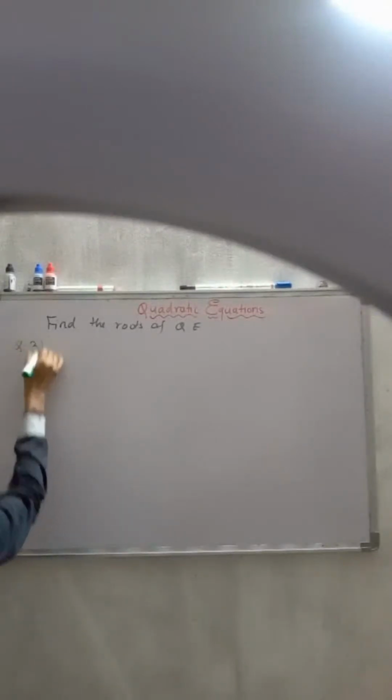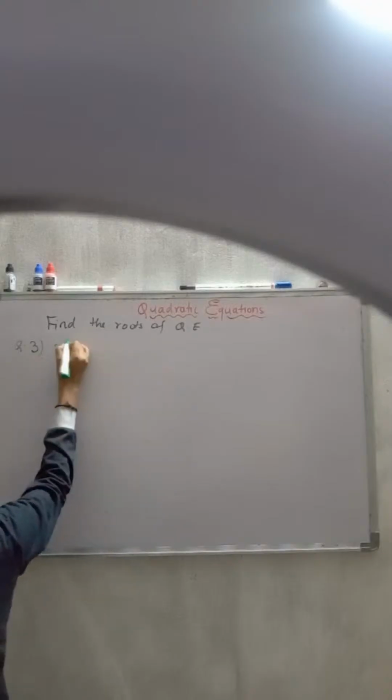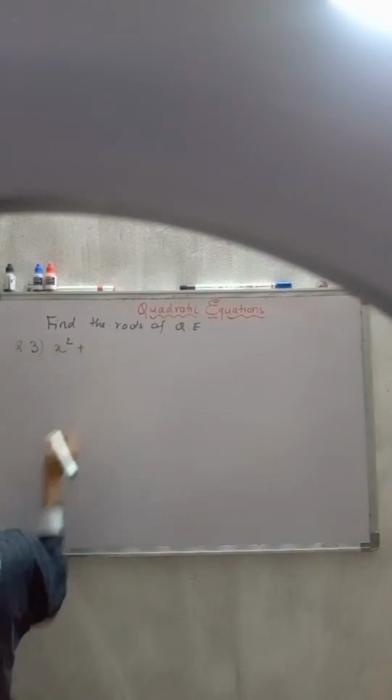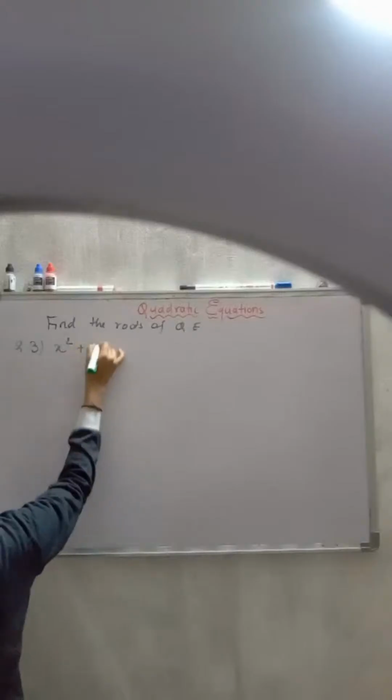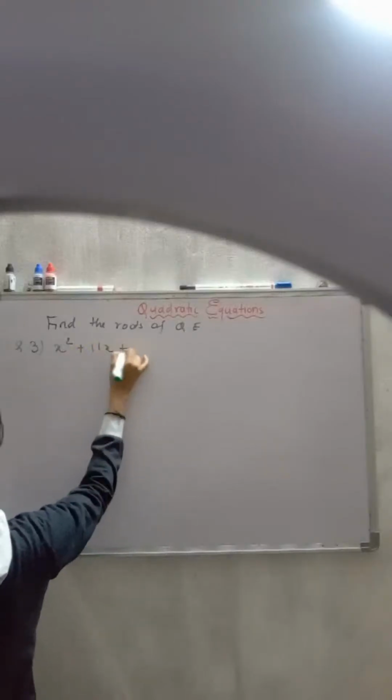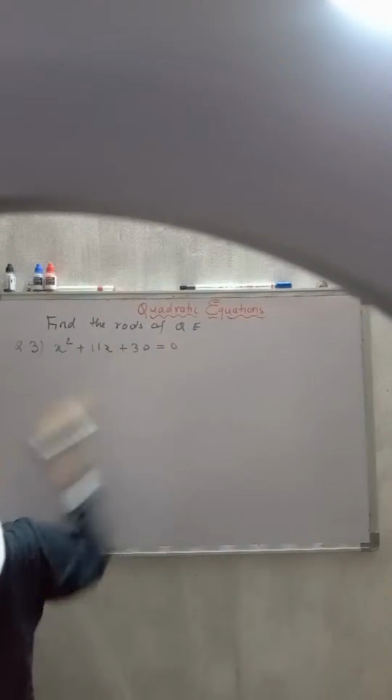Question number 3 will be: find the roots of quadratic equation x square plus 11x plus 30 equal to 0.